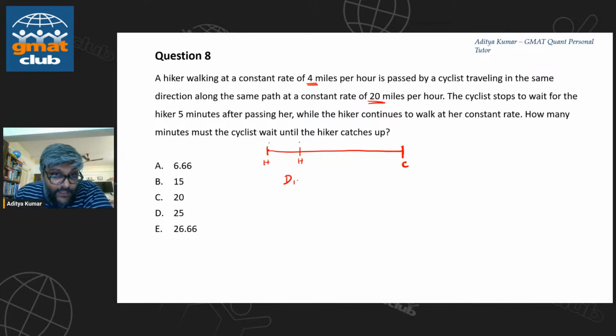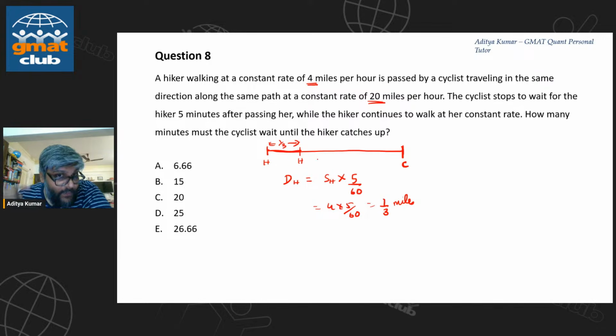The distance traveled by the hiker would be the speed of the hiker into the time. That will be 5 by 60 hours. That's 4 into 5 by 60, 20 by 60, that is 1 by 3 miles. This is the distance that the hiker travels in that 5 minutes.